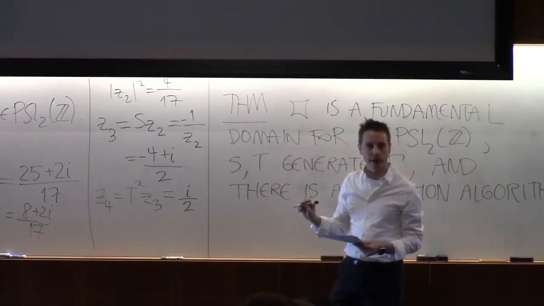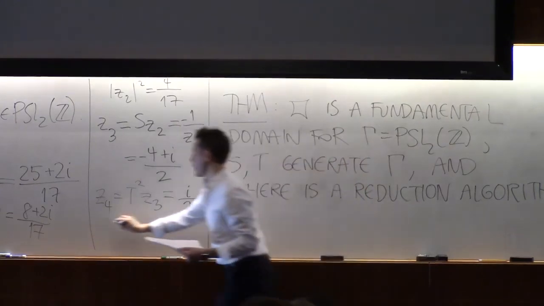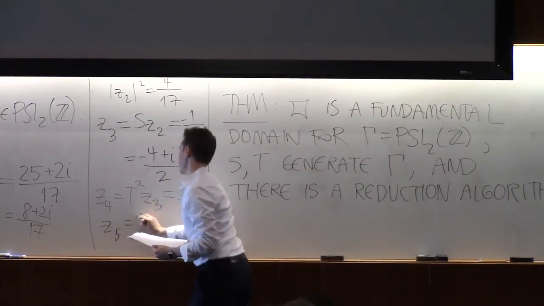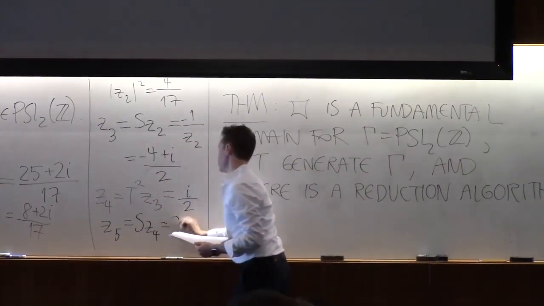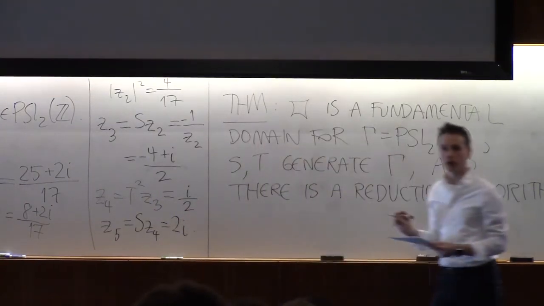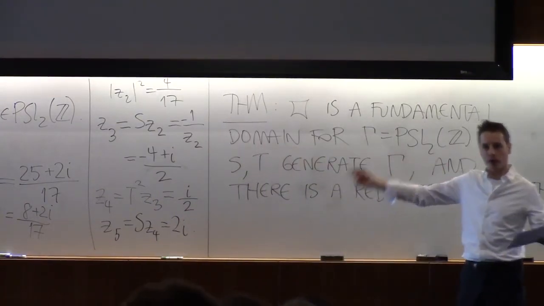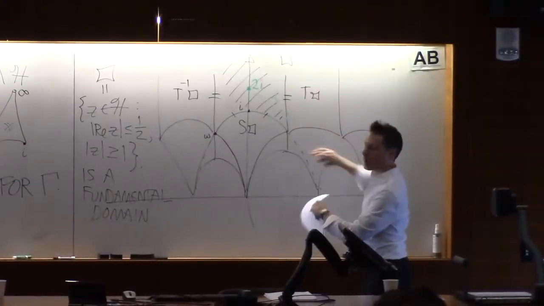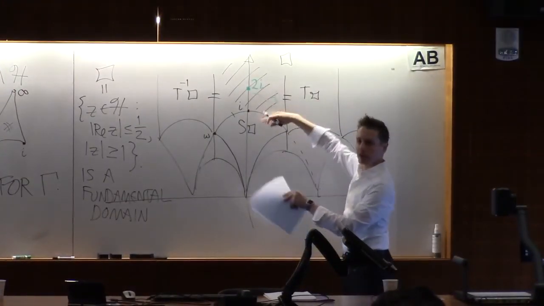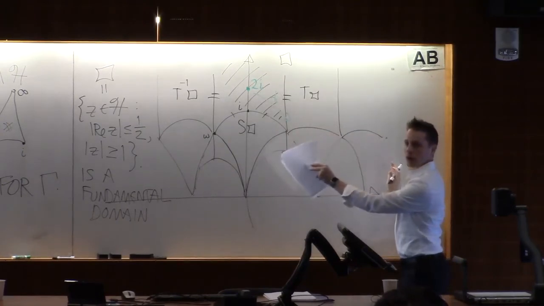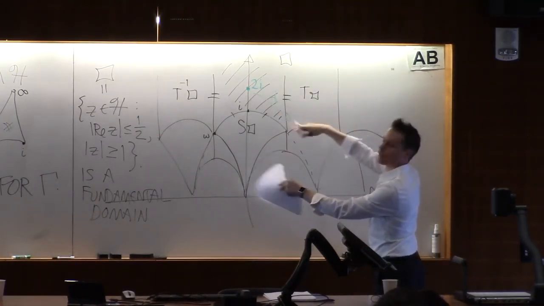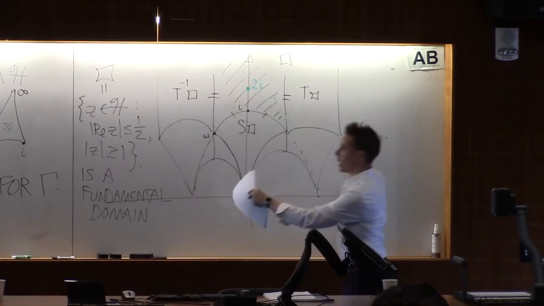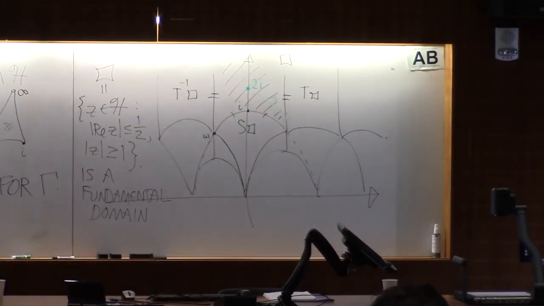No. One more step. z5 is S z4. That's going to be the 2i. So I managed to start at 2i, and then I move somewhere, then I move back. What am I doing? I'm either translating or reflecting, and because I understand what is happening with the T or the S, equivalently I am moving along the tessellation of the upper half plane, in a way that always brings me back to the upper half plane.